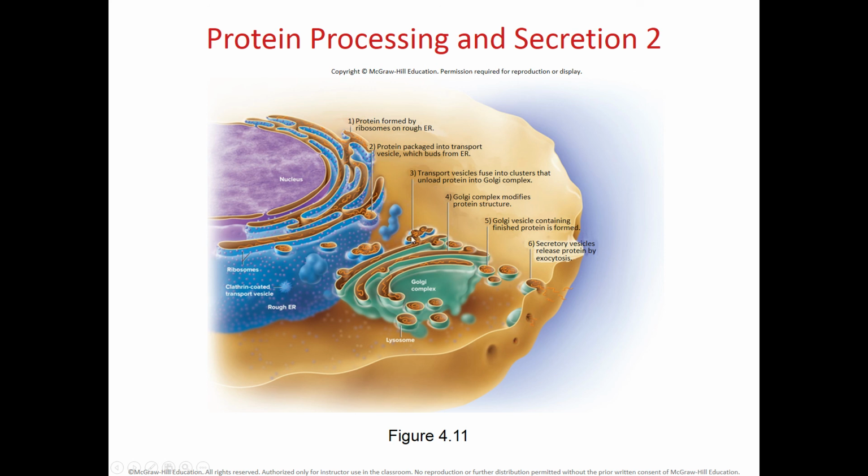As they move away from the area closer to the rough endoplasmic reticulum, they will form either lysosomes that stay in the cell or secretory vesicles that fuse with the plasma membrane by exocytosis.